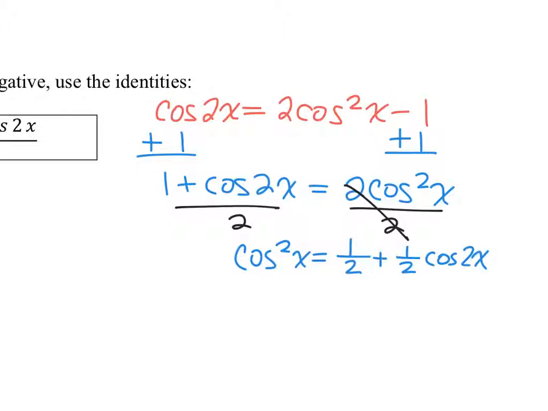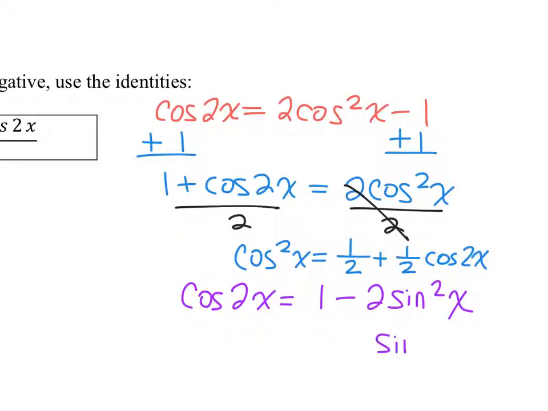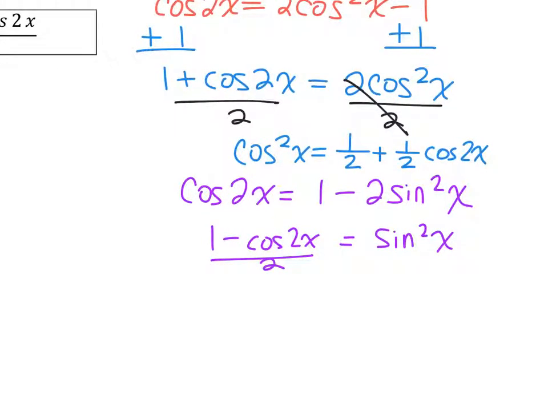The other variation is cosine 2x is equal to 1 minus 2 sine squared x. So through all the same black magic, what we get is that sine squared x is equal to 1 minus cosine 2x over 2. But again, take it the next step and say instead that sine squared x is equal to 1/2 minus 1/2 cosine 2x.